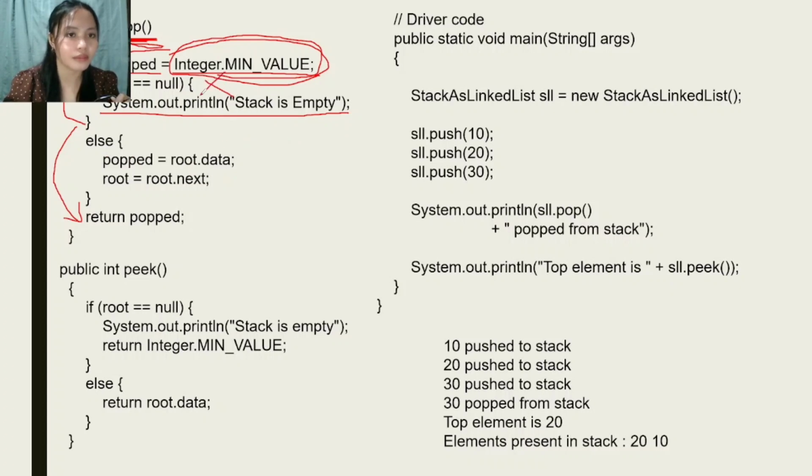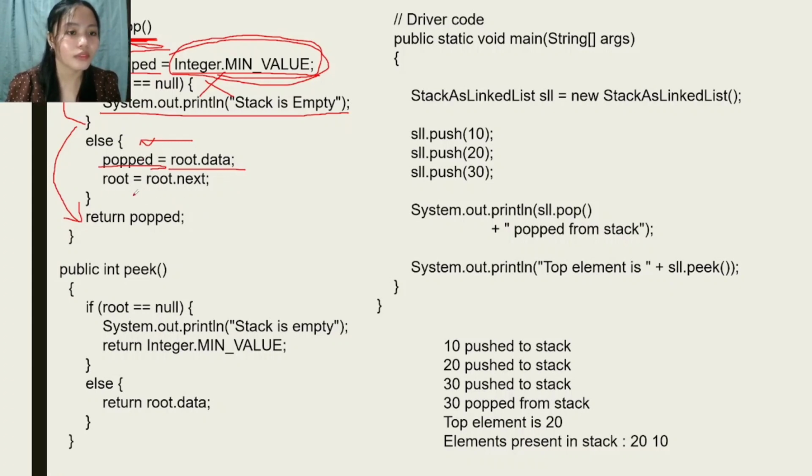then the block of code of our else will be the one executed. We will be storing the data of our root in our popped variable. What is the data of our root? The data of our root, the one that we pushed, must be stored in popped.